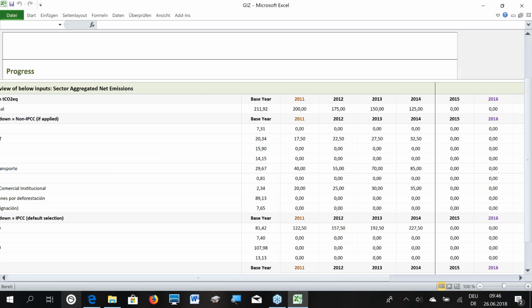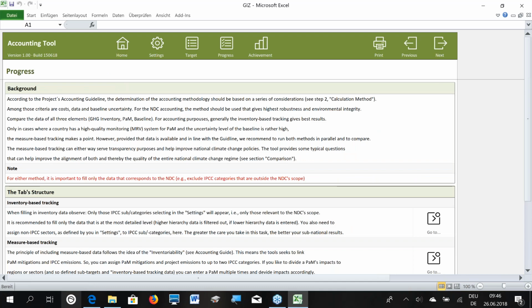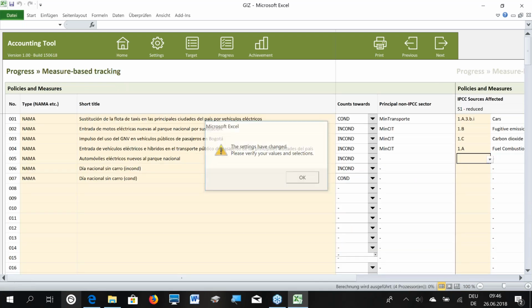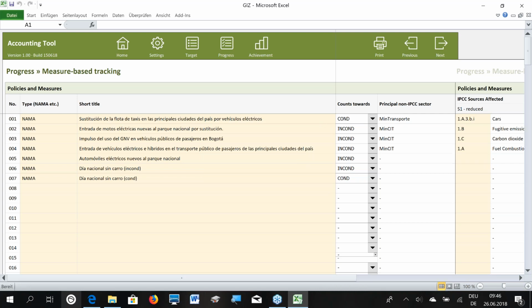If you go then to the measure-based tracking, it becomes a bit more complicated, and this is really important to acknowledge. This assignment here is also to the alternate sectoral resolution you've defined.